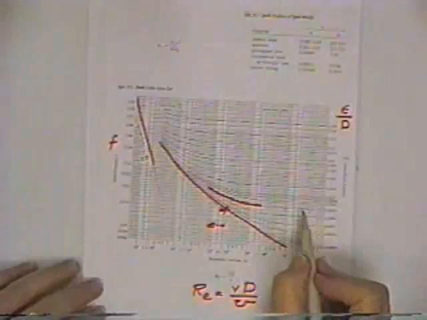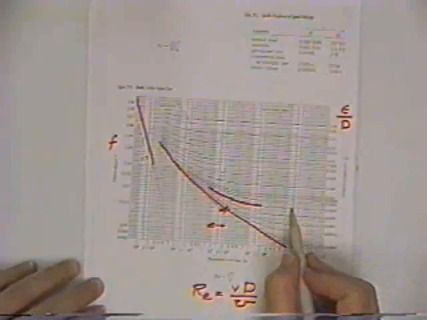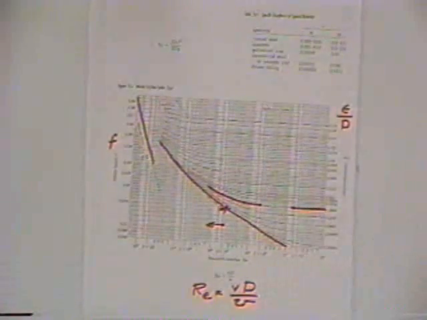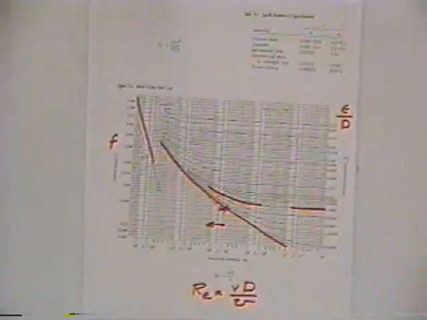But if the velocities get high enough, high velocity means high Reynolds number, these lines get horizontal, meaning that the friction factor, the frictional head loss roughness coefficient term, is no longer dependent upon Reynolds number. It's constant with Reynolds number, and then it's just dependent upon changes in pipe roughness far enough out. We call that the fully rough zone.